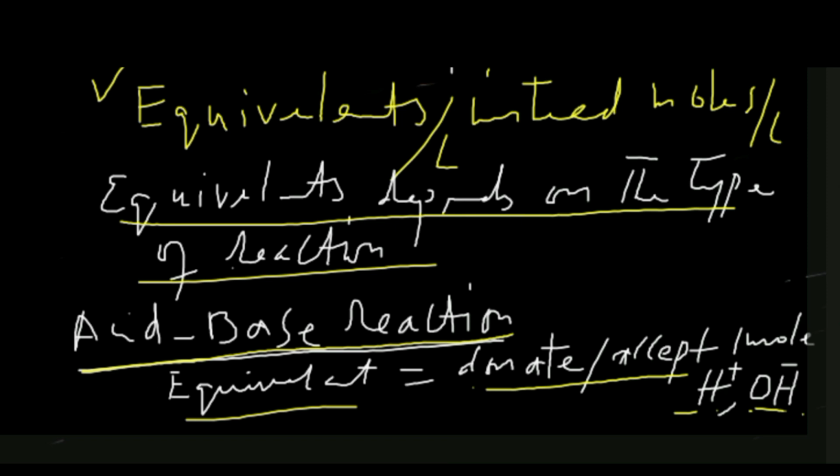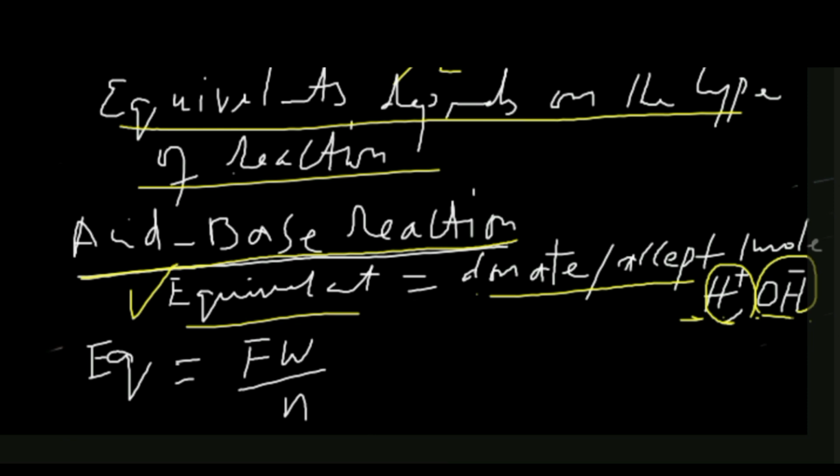So the equivalent depends on the moles of hydrogen ions or hydroxyl ions. The equivalent weight is the formula weight divided by the number of hydrogen ions or hydroxyl ions that are donated or accepted.